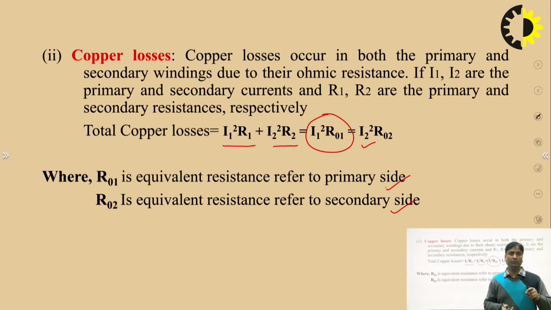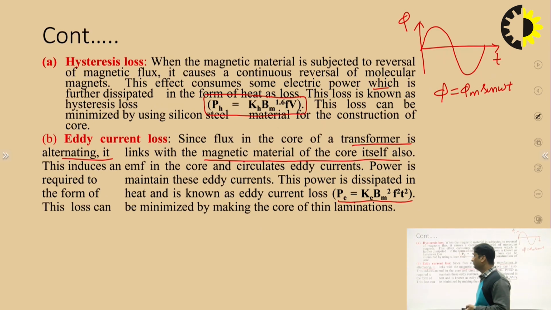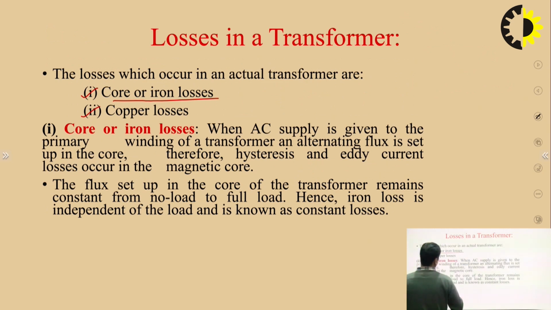Because the current will be changing, they are called the variable losses. So these are the losses in a transformer. Losses in a transformer are of two types. First is the core losses, or iron losses.